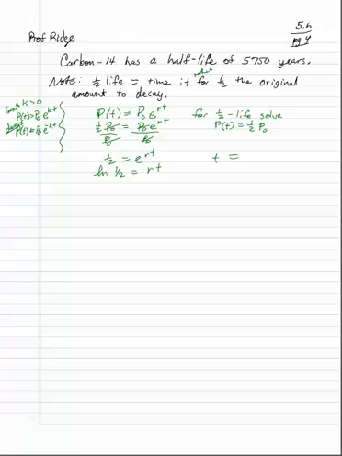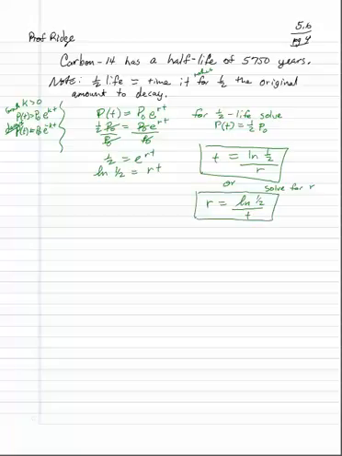If we want to solve it for t, t equals ln of 1/2 over r, or if you solve it for r, r equals ln 1/2 over t. So you can do it either way, depending on what you're solving.